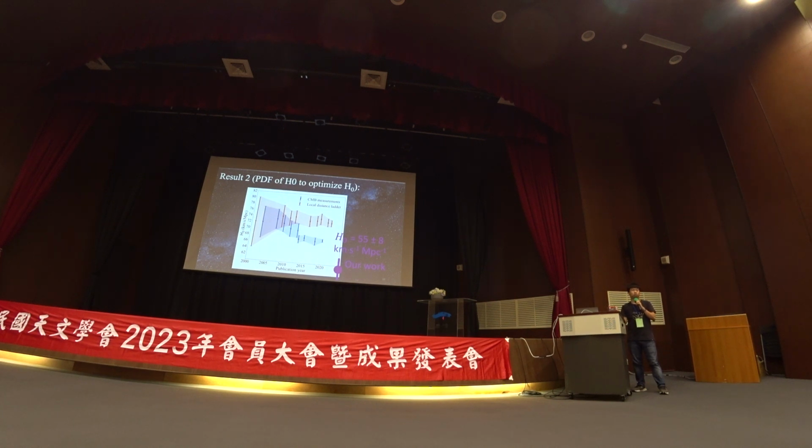Any more questions? Thank you for your talk. There are other different methods to calculate H0, for example, using GW and the electromagnetic counterpart, and the results are around 72 to 73. How would you compare your result to the existing methods? Because your value is pretty low, if I'm not wrong.